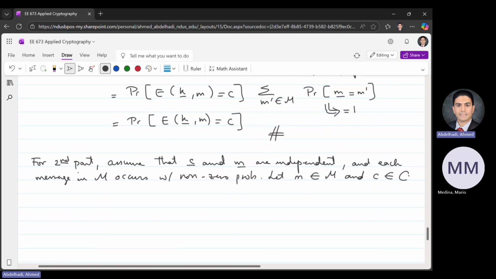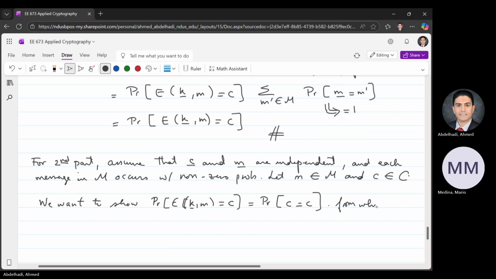Now what we want to show is that the probability of E of K and M equals C is equal to the probability of C is equal to C, from which perfect security follows.